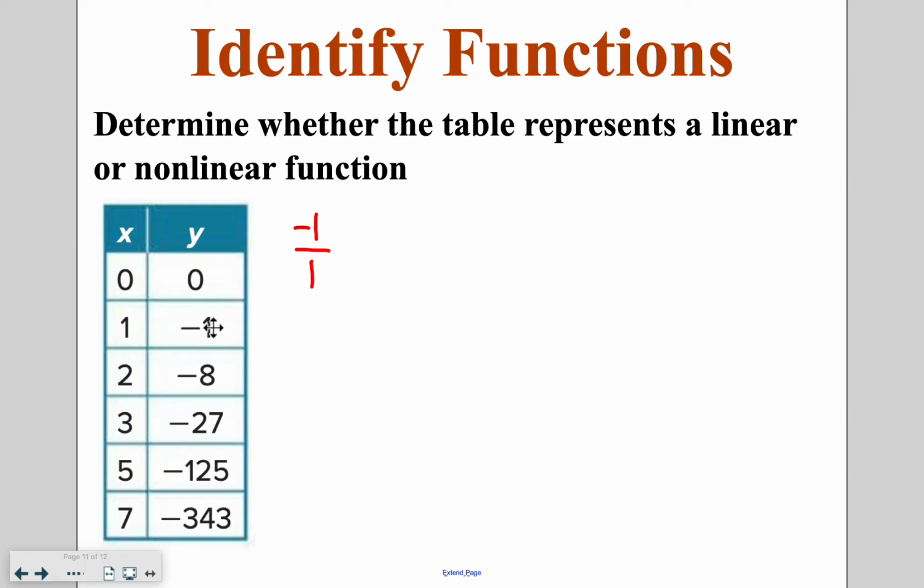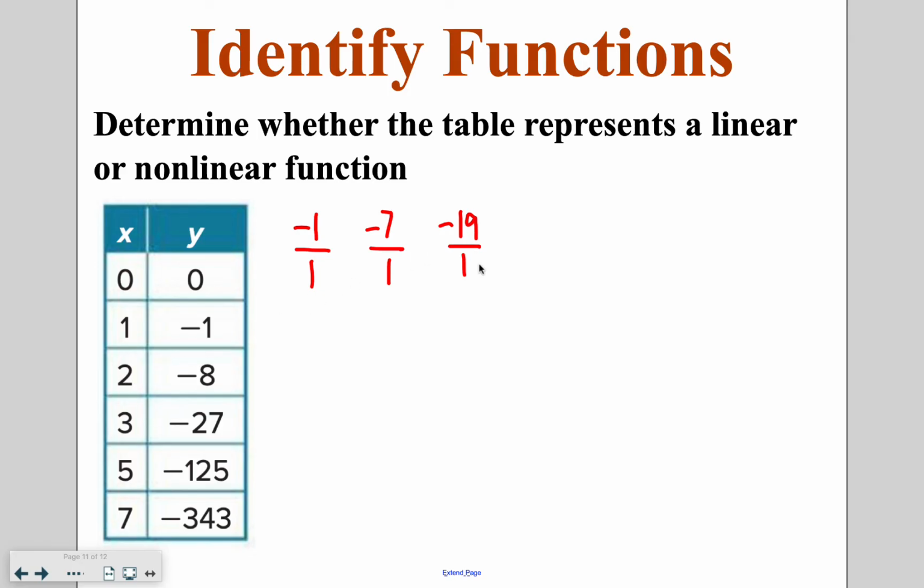Then in my next group, I go from negative 1 to negative 8, which is a change of negative 7, and then from 1 to 2, which is a change of 1. Then I have a change of negative 8 to negative 27, which is negative 19. 2 to 3 is 1.